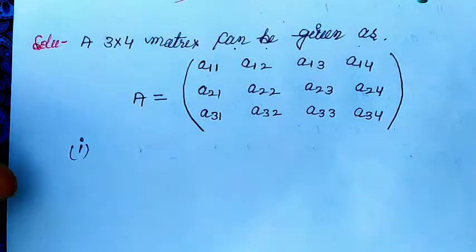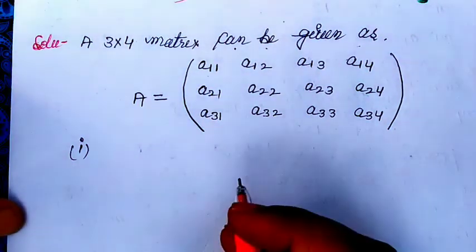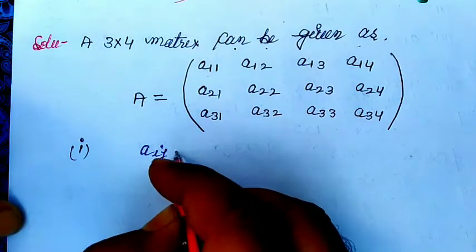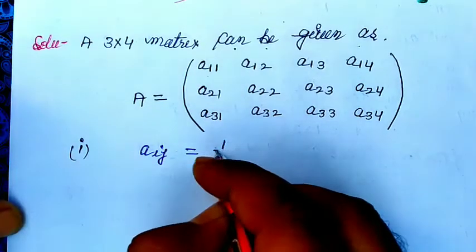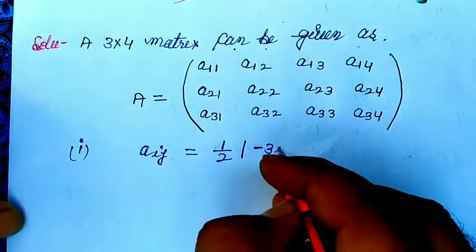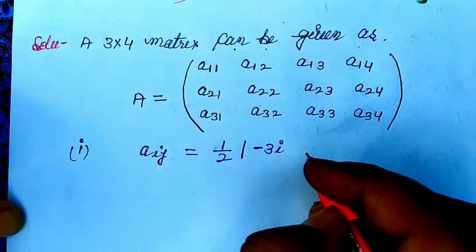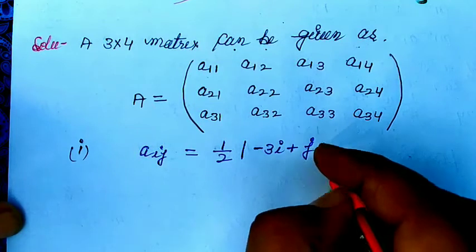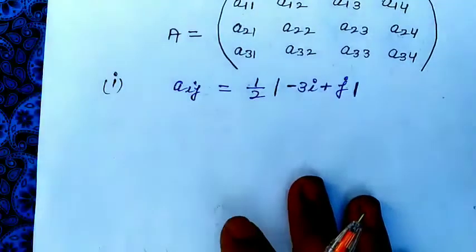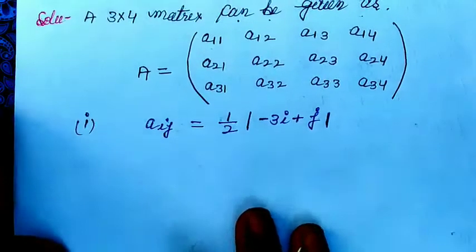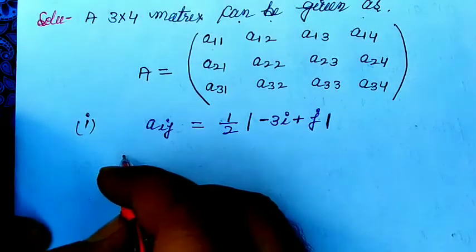In the first part we have Aij equals 1 over 2 modulus of (minus 3i plus j). Sorry. So first we will find A11.